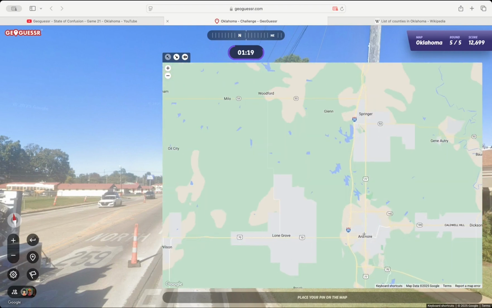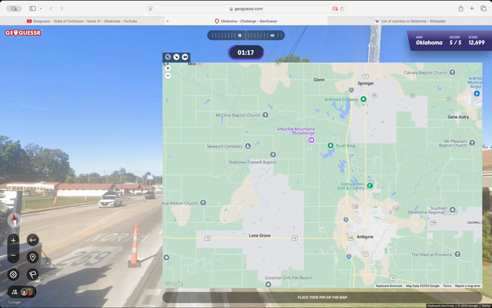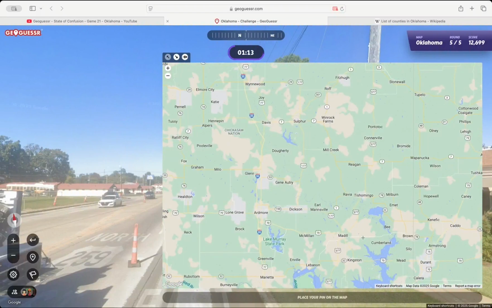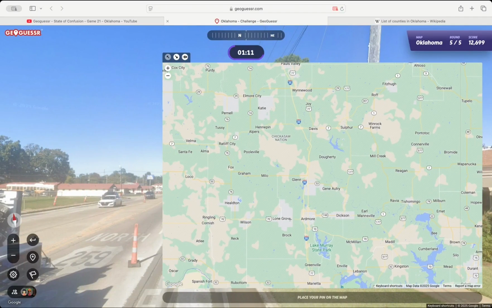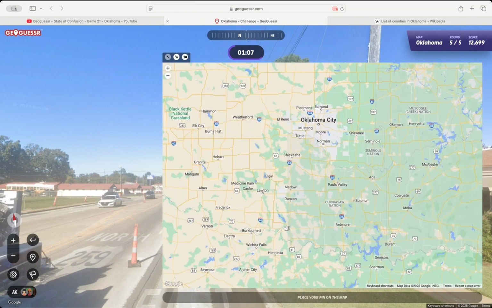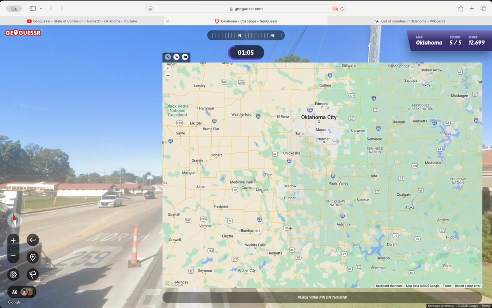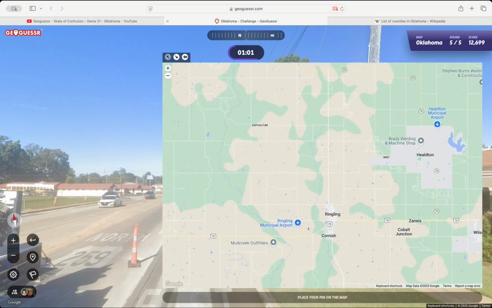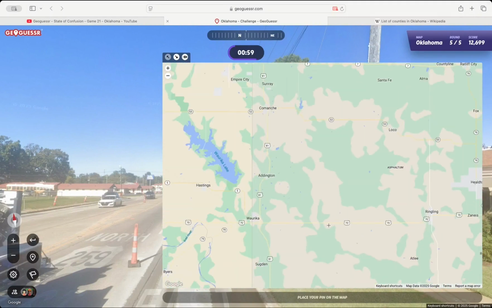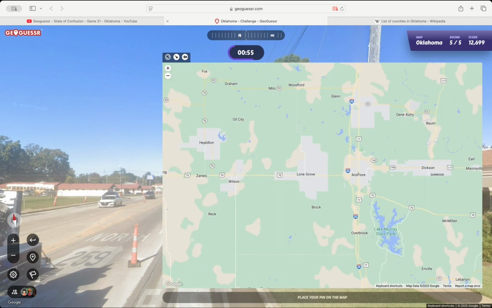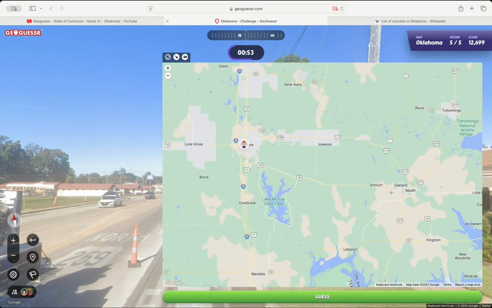Okay, so in 70, could we be in Ardmore? It doesn't look like it. Where's 259? I think if I find the 259, that is going to be probably my best chance. And look, 70 is really nice because there's not much of it. There's not much of it at all in Oklahoma.